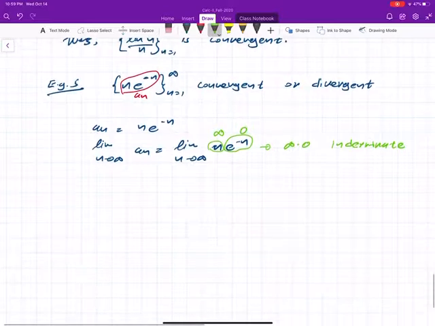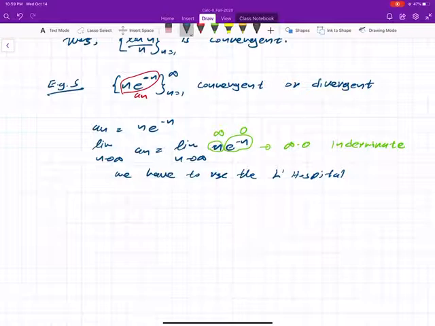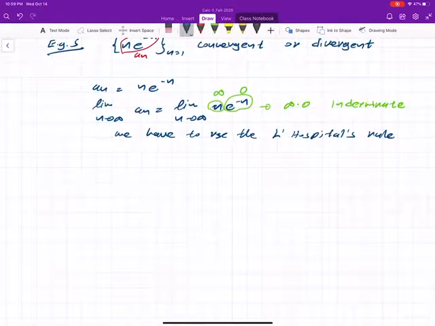Now we are going to use L'Hopital's rule. First of all, let me write the original limit.